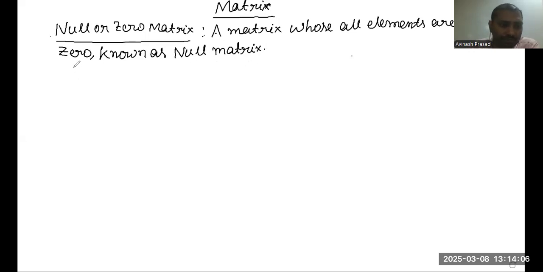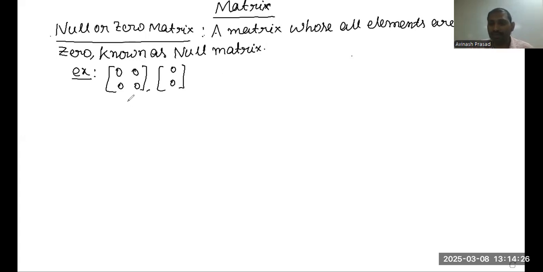For example, these are the types of zero matrix or null matrix we can say.